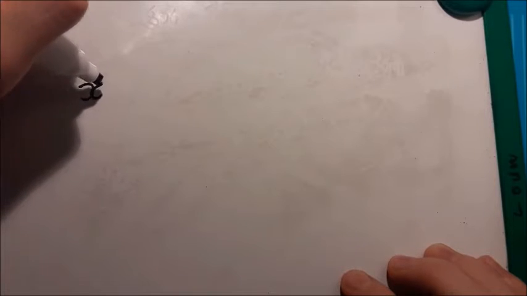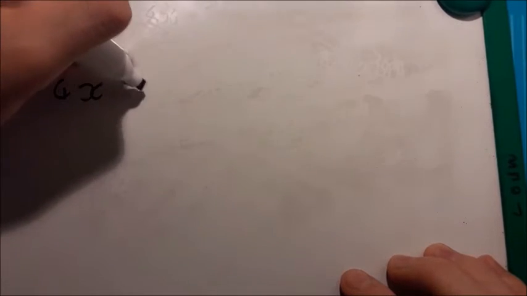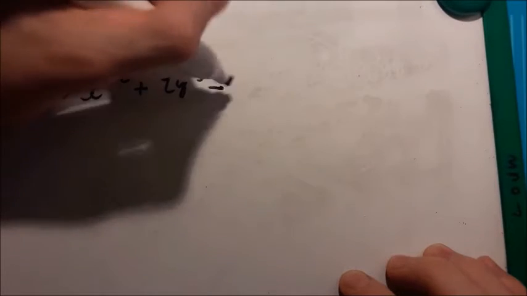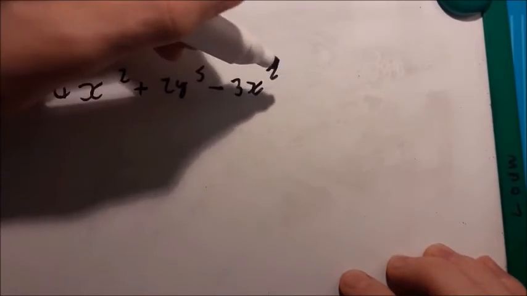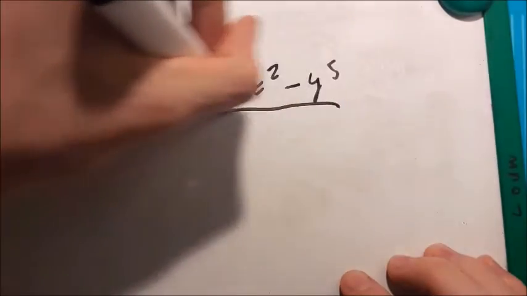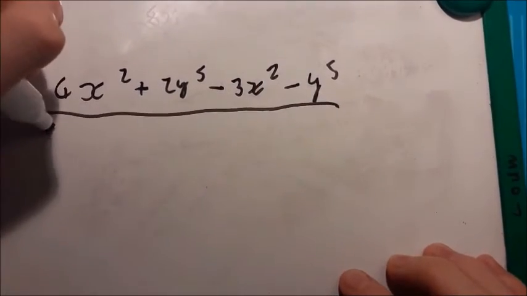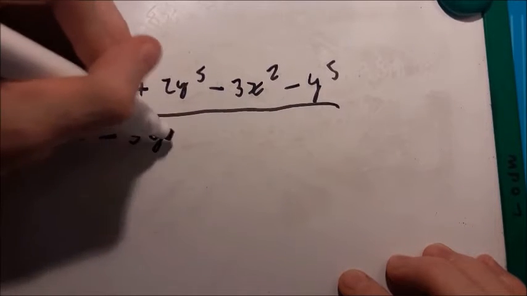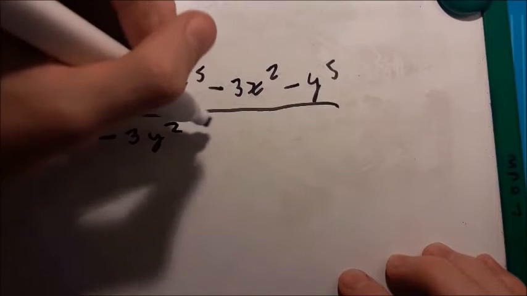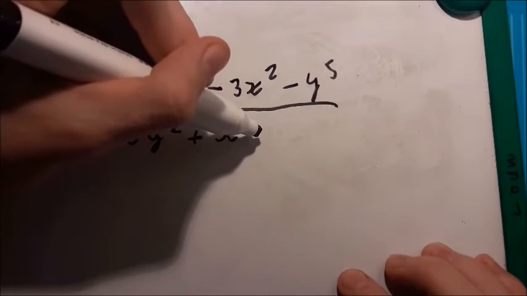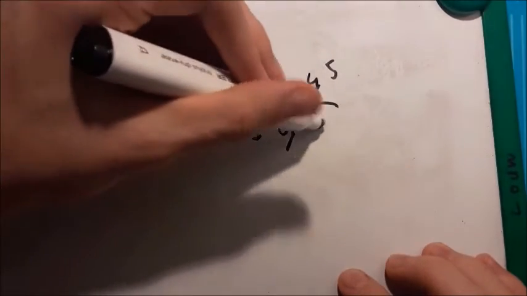Now we have 4x squared plus 2y to the power of 5 minus 3x squared minus 5y to the power of 5, and then that's going to be divided by (2x minus 3y) squared plus (x plus y) squared.